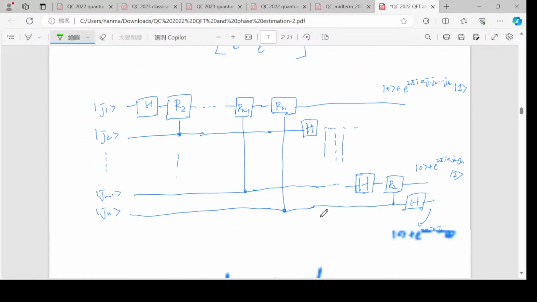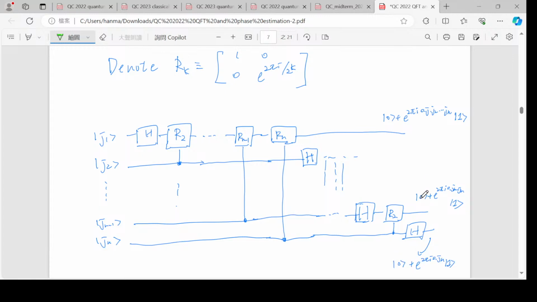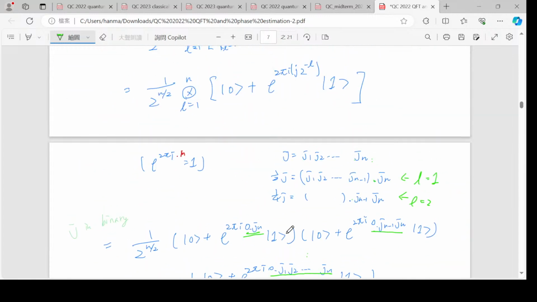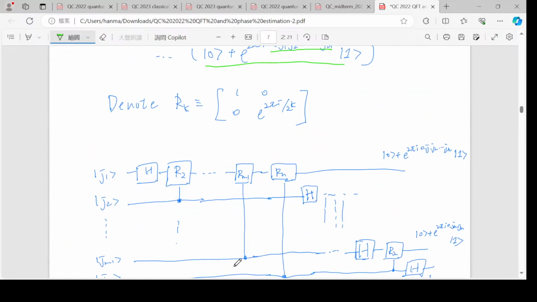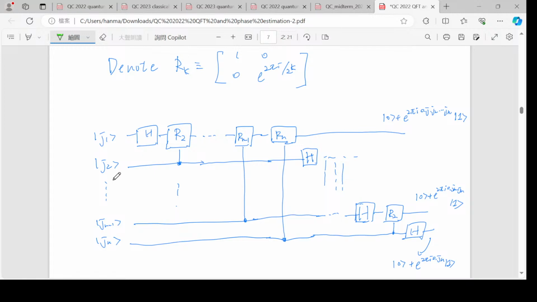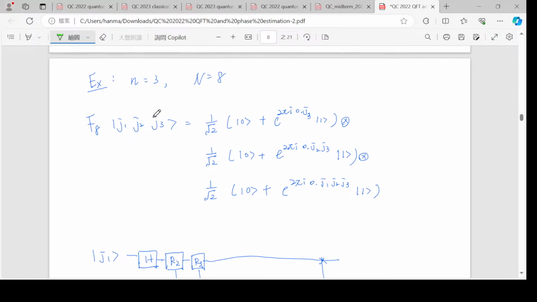And we control R2 on jn, and you will add this jn here. And then finally we apply Hadamard on the last qubit, and it will become this thing. Okay, and so we see that applying this circuit, Hadamard, controlled rotations, the end result is what we want.